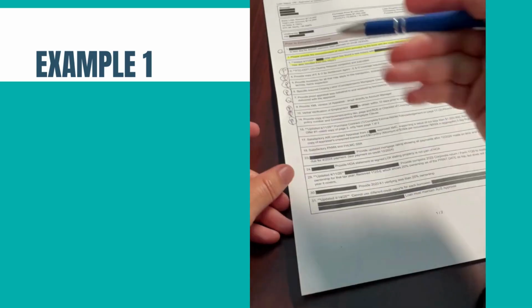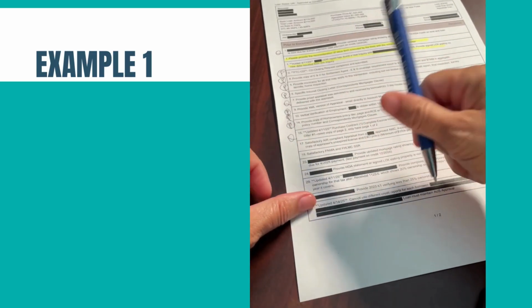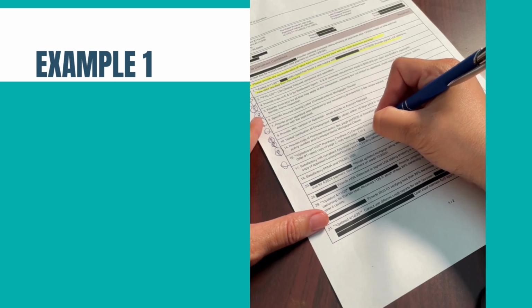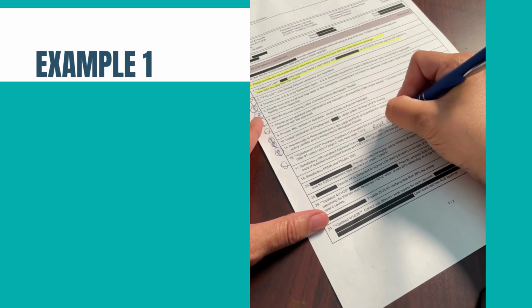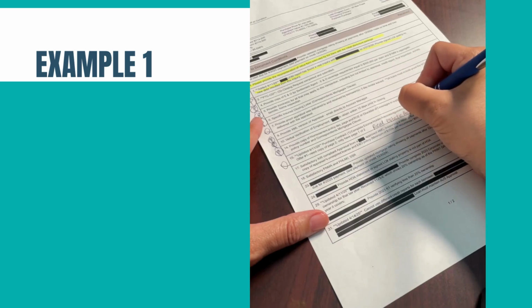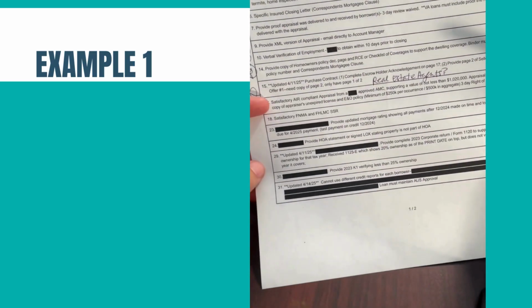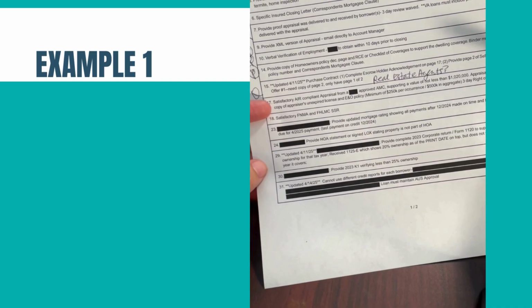So this is another kind of question, but it also might be something that you highlight. This is for real estate agents maybe, so we're going to make a question there. So any kind of notes, you can certainly mark up your condition sheet.